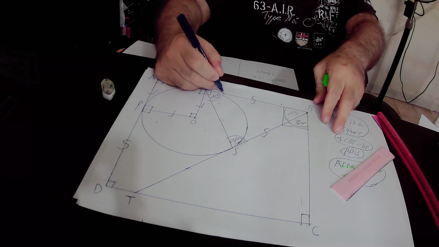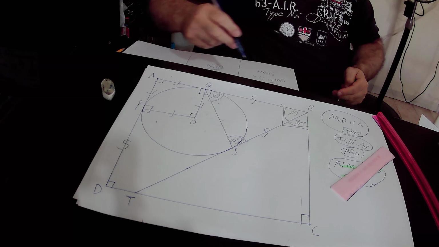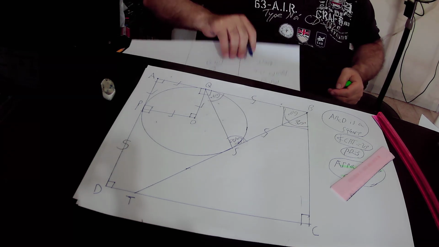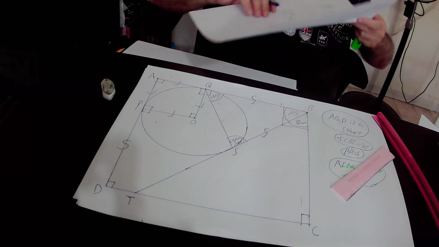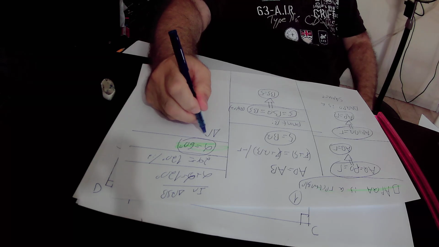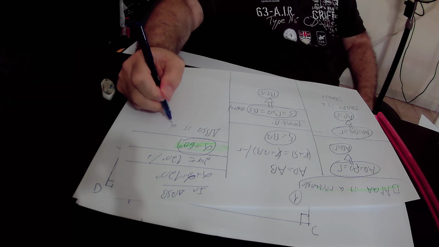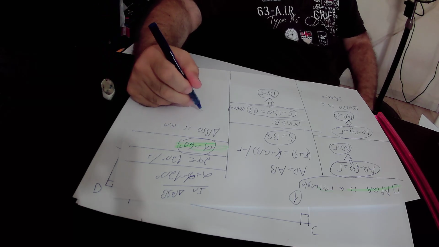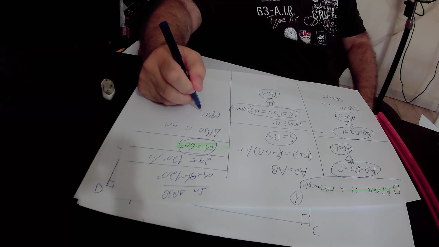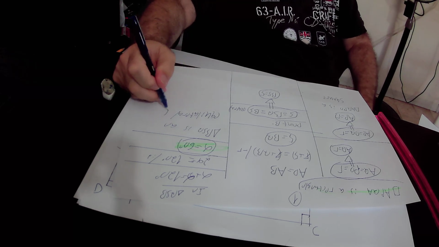So inside triangle BSQ, all the angles are equal to 60 degrees. Therefore, triangle BSQ is an equilateral triangle. Why? Because all of its angles are equal to 60 degrees.